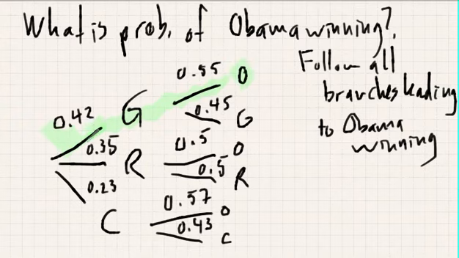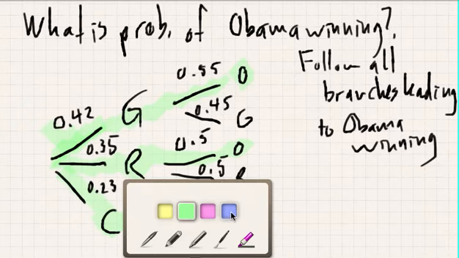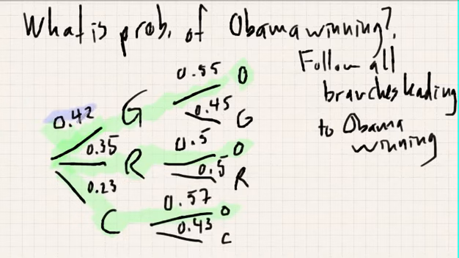We're interested in Obama winning. So Gingrich getting the nomination and then Obama winning, Romney getting the nomination and then Obama winning, or Cain getting the nomination, come on people, and then Obama winning. So the probabilities that we care about are the straightforward probabilities of each of these guys, and these probabilities here are conditional.